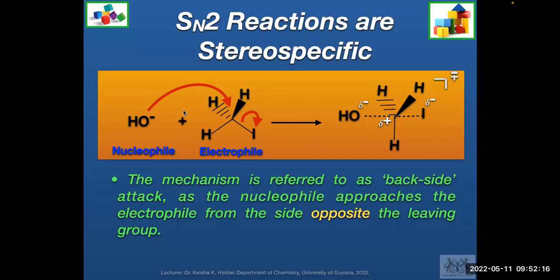So at this point, even though our nucleophile entered into the reaction with a full-blown negative charge, in the transition state species, what you have is a partial dipole for both the nucleophile and the leaving group. The electrophilic center has a partial positive charge.